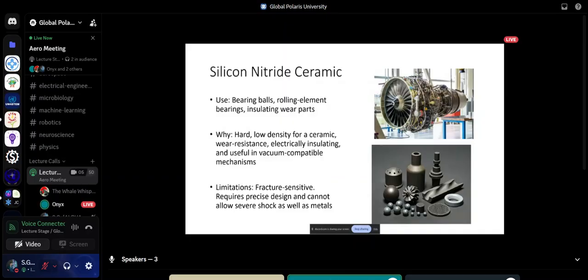Now, for this material, it is relatively hard and has a low density for a ceramic, which is great depending on our use case. It is relatively wear resistant. It is electrically insulating and very compatible in vacuum environments. One big issue though: it is very fracture sensitive.